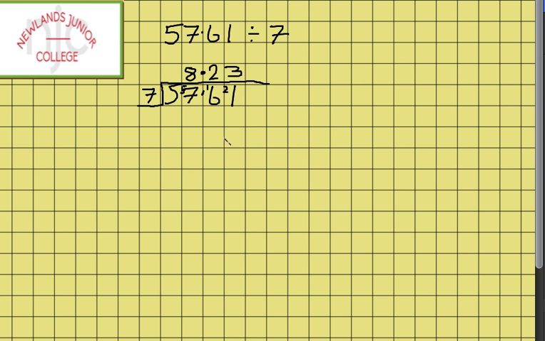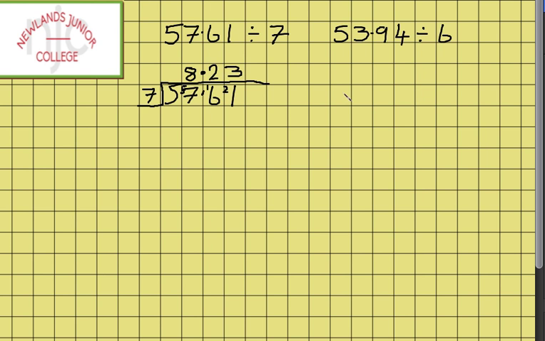Let's try another example. This time, let's go for 53.94, and let's divide it by 6. Why don't you pause the video, set the question up, see how you go on.